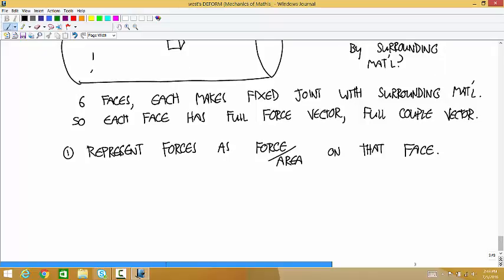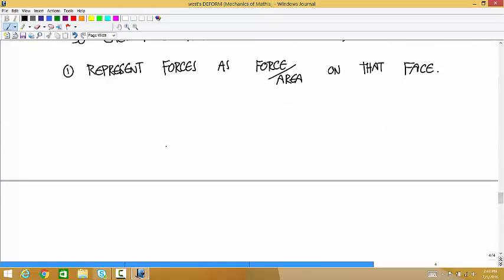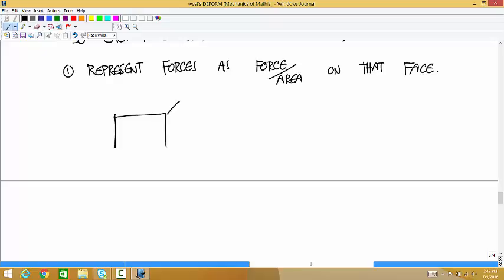Okay, so now if you isolate this cube, you have a force vector that we're representing as force per area acting there, one there, one there, and you have one on all of those 3 obscured faces too. And then we also have those couples.